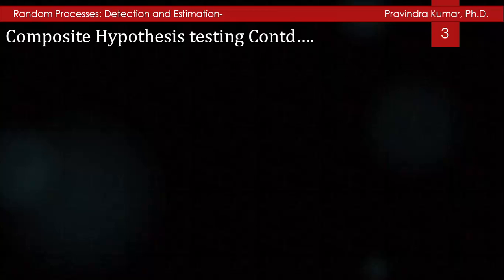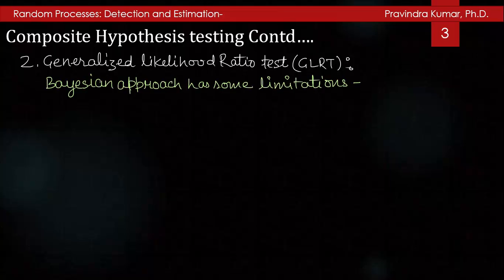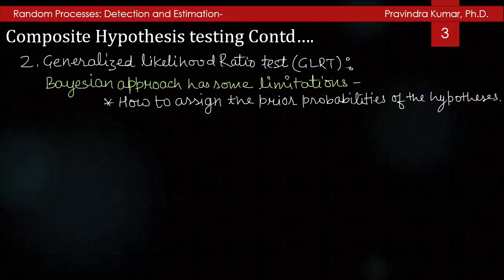So now let us start with the generalized likelihood ratio test. As you know, we discussed in the previous lecture the Bayesian approach for composite hypothesis testing. The Bayesian approach has some limitations. In some situations, it is not obvious how to assign the prior probability to the hypothesis.